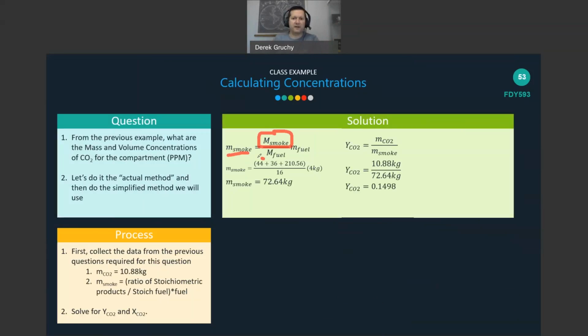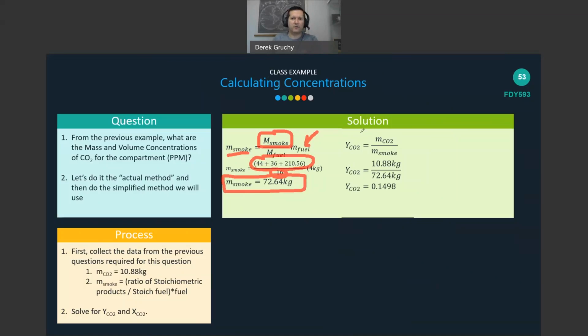And we add all of that up and we get 290.56. And then we divide it by the mass of the fuel, which we said was 16. And then we're multiplying it by the actual mass of fuel, which is 4 kilograms. And we end up with the mass of smoke that should be 72.64 kilograms.